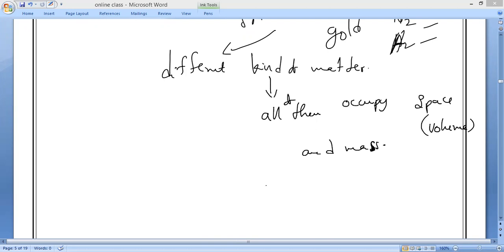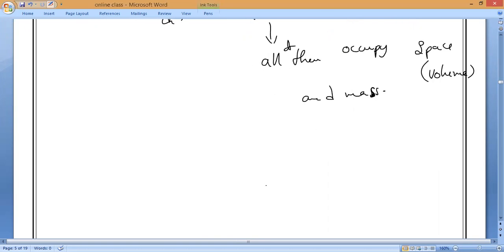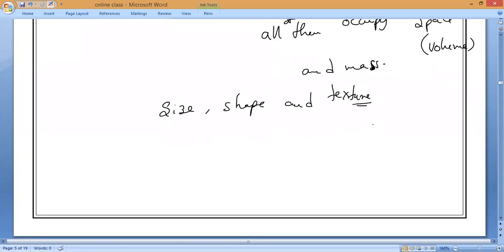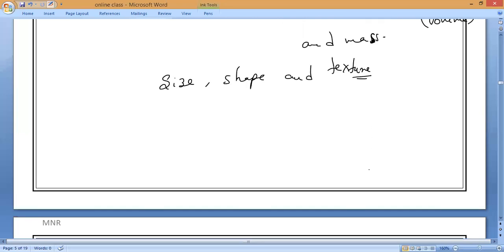No. So every matter is different: different size, different shape, and different texture. Texture means a rigid surface, a liquid surface, a gaseous surface, a smooth surface. Every matter is not the same.